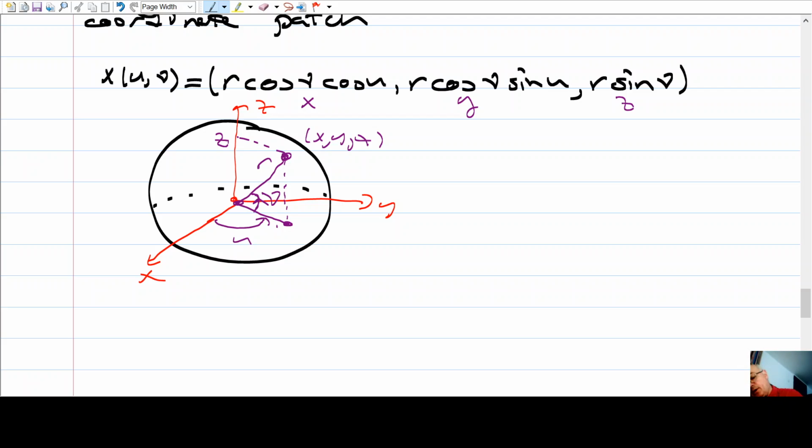All right, then here, of course, u is ranging between minus pi and pi, and nu is ranging from minus pi over 2 to pi over 2.